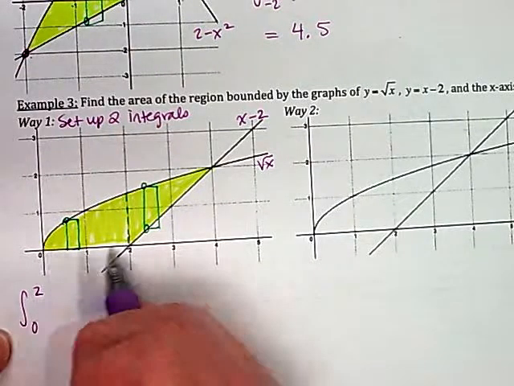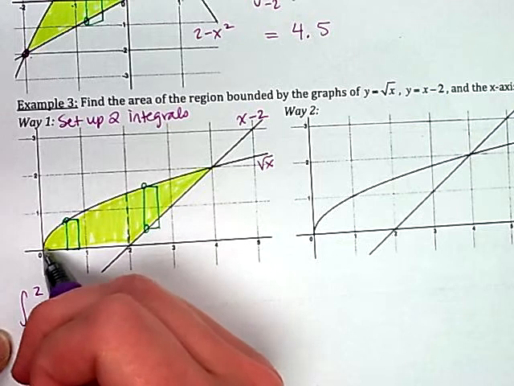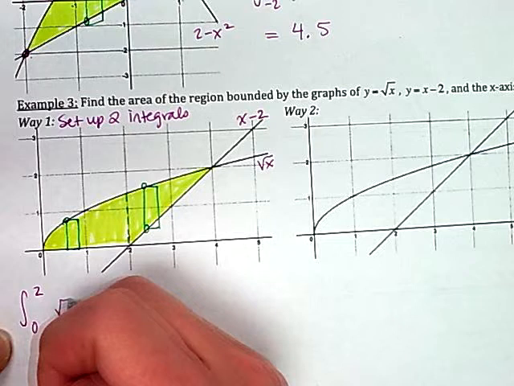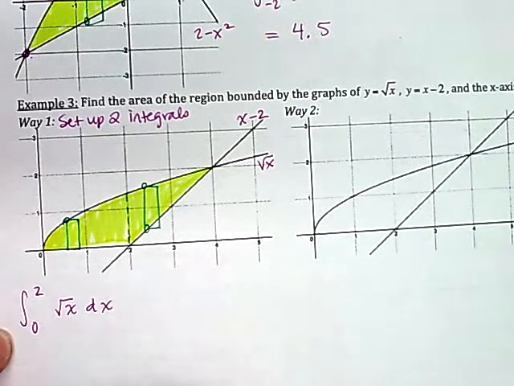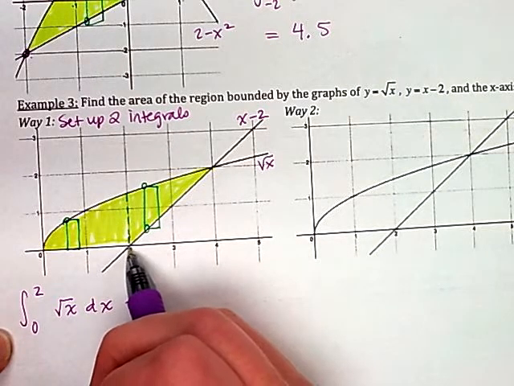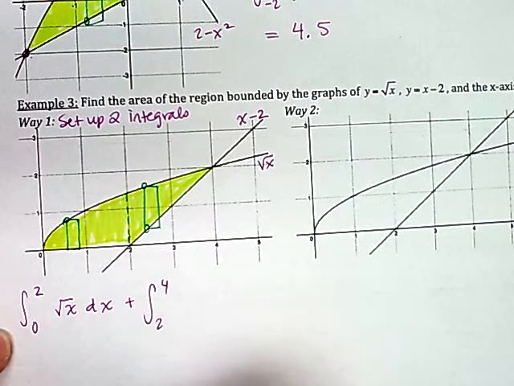Because our normal understanding of an integral of a function is the distance between that function and the x-axis, this would just be the integral of the square root of x dx. Now I want to add to that the integral to get the rest of the area from 2 to 4, where I need to subtract x minus 2 from the square root of x.